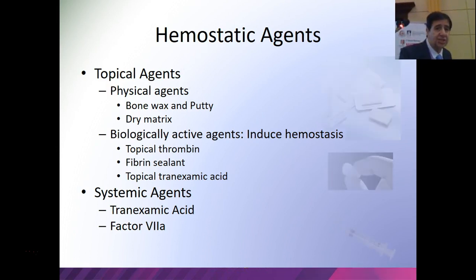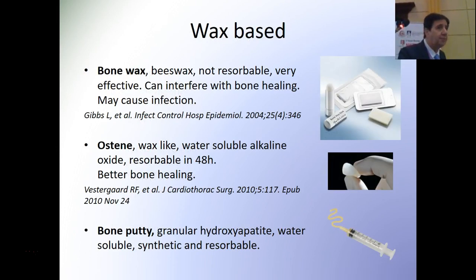So let us start very fast with the physical agents. Bone wax, the wax-based agent, is mostly used whenever we have bony lesions, mostly retropubic or at the promontory, or when we are removing some tumors, and we scrape those bony areas.